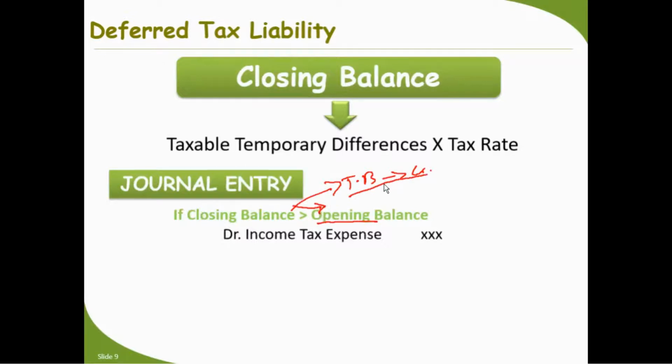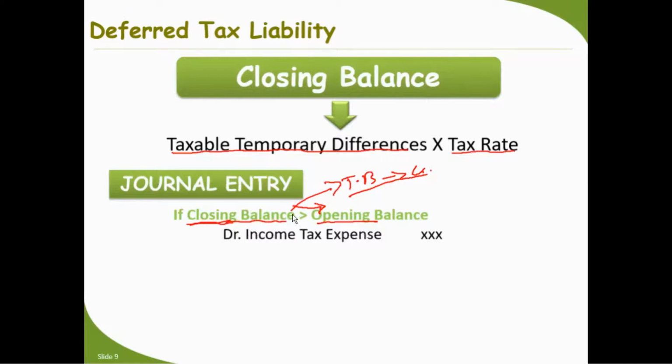Opening balance you will find from the trial balance, and closing balance you will calculate by using this formula: taxable temporary differences times tax rate. Now there is a possibility that in your exam question you may get that closing balance. He may give you the taxable temporary difference, then you will multiply it with the tax rate to calculate the closing balance.